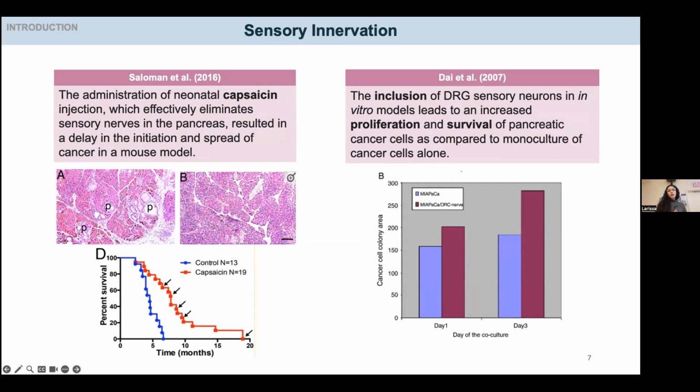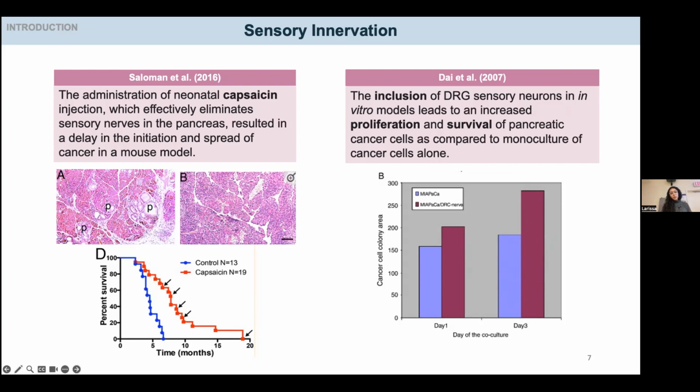Supporting this, another study showed that when PDAC cells are co-cultured with DRG sensory neurons, there was a noticeable increase in their growth and survival compared to those cells on their own. As we see in this graph, in one of their experiments, PDAC cells had greater colony formation, which is a measure of cell proliferation, when they were co-cultured with DRG neurons.